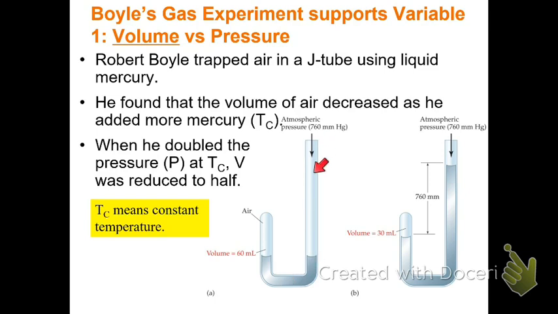It's basically a glass tube with a shape similar to the letter J. What he found was that the volume of air decreased as he added more mercury. When he doubled the pressure at constant temperature, the volume was reduced to half.